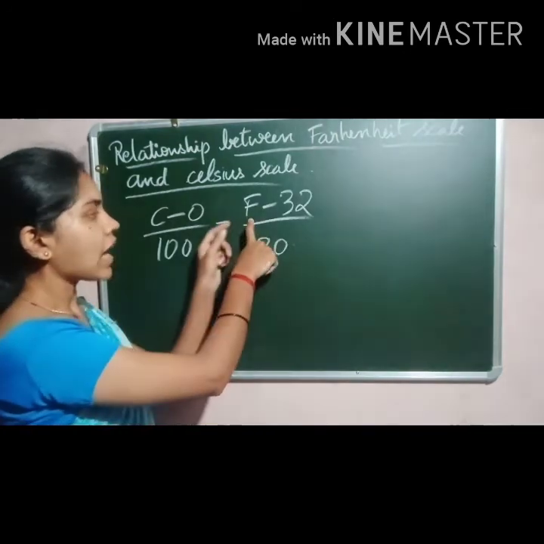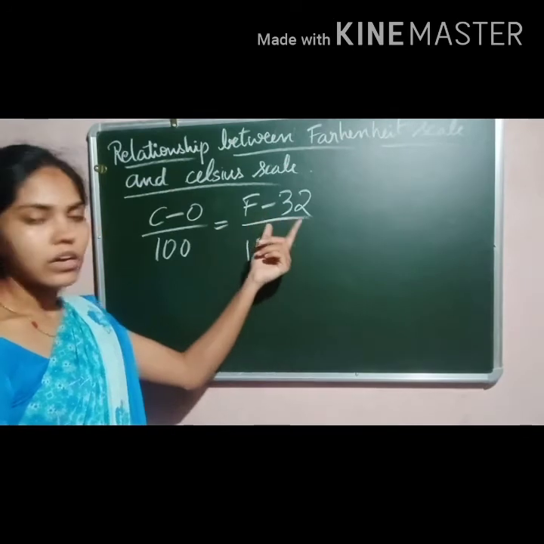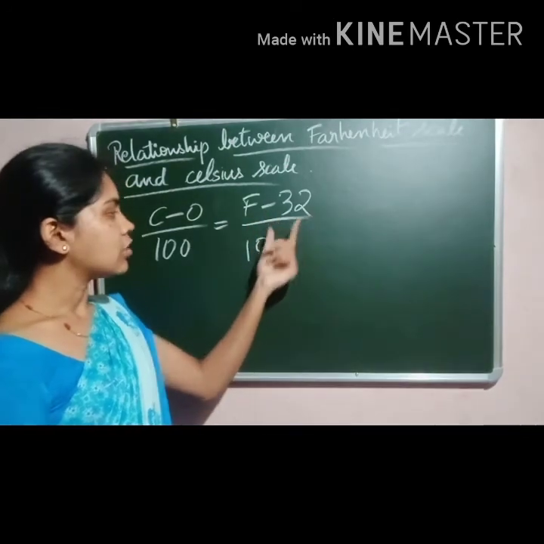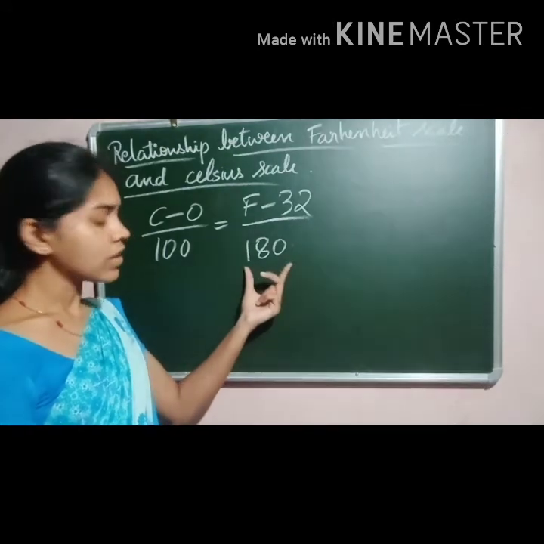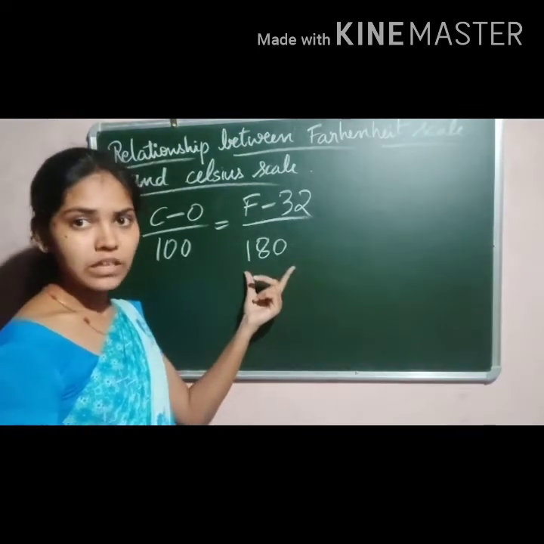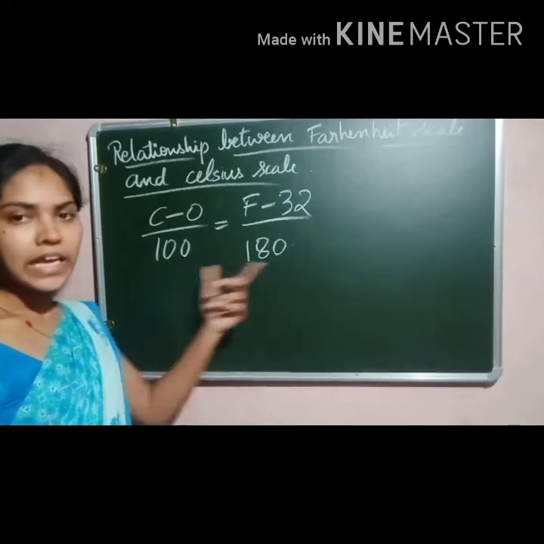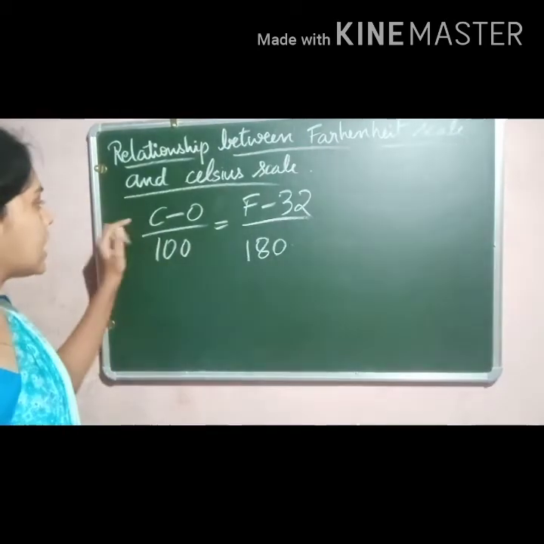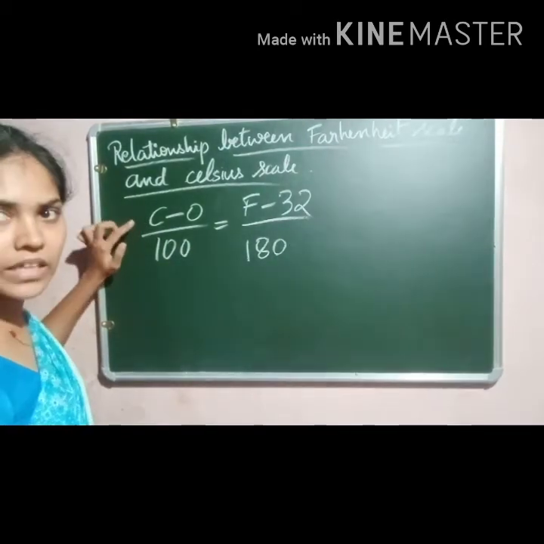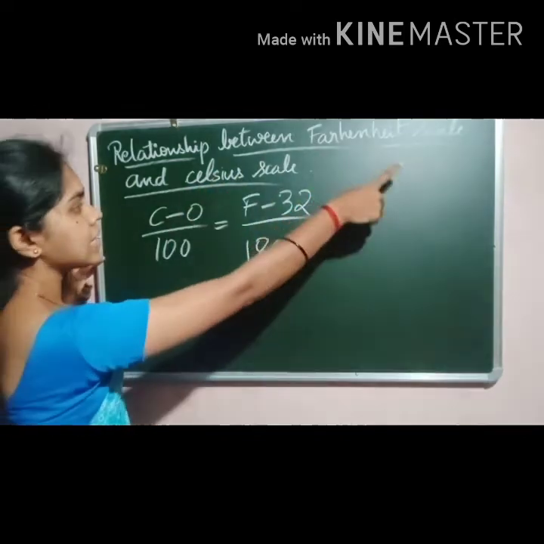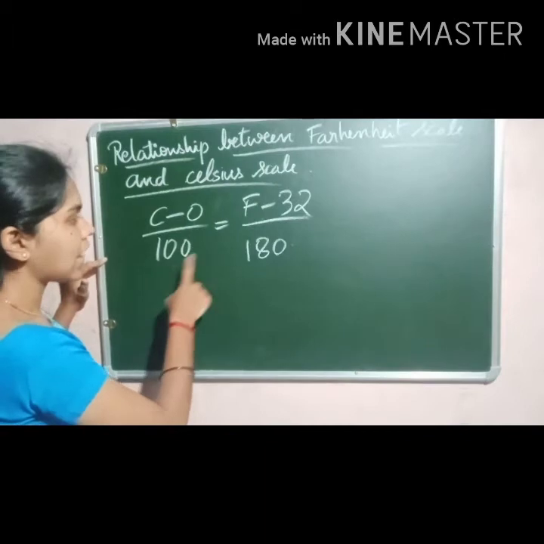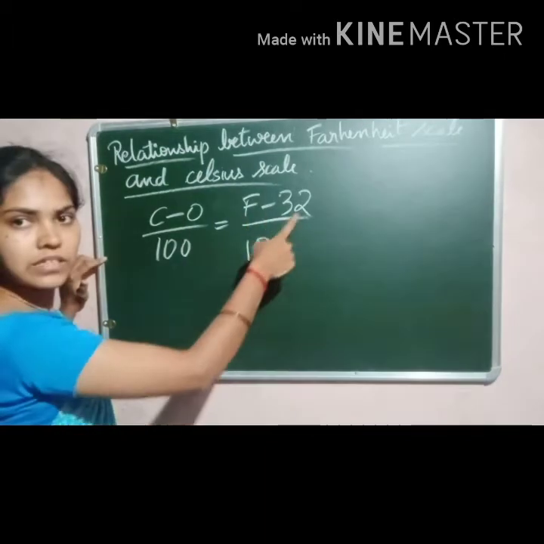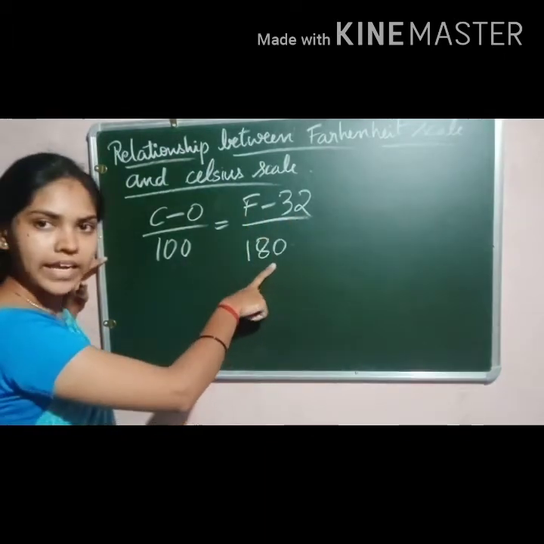And here in Fahrenheit, any temperature minus the lower fixed point, 32, divided by 180, because 180 is the number of equal parts in the Fahrenheit scale, so they are equal. I can define the relationship between the Fahrenheit scale and the Celsius scale like this: C minus 0 divided by 100 is equal to F minus 32 divided by 180.